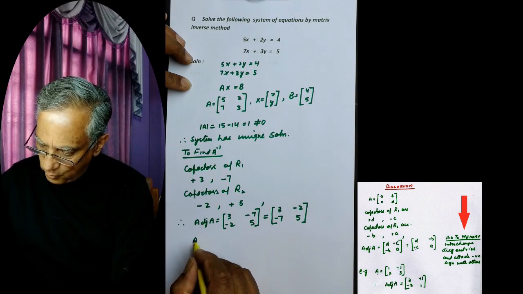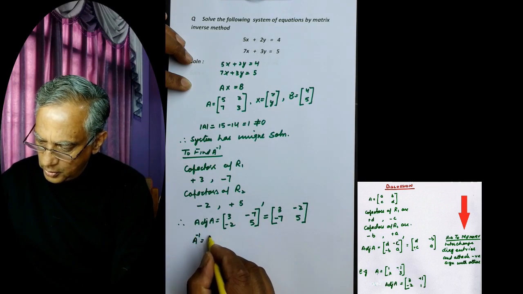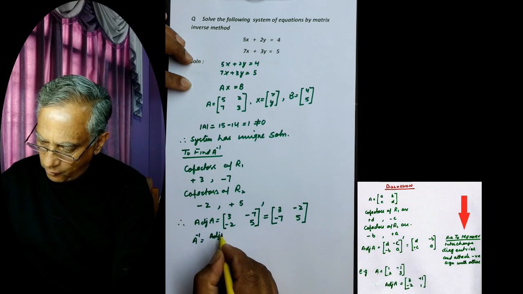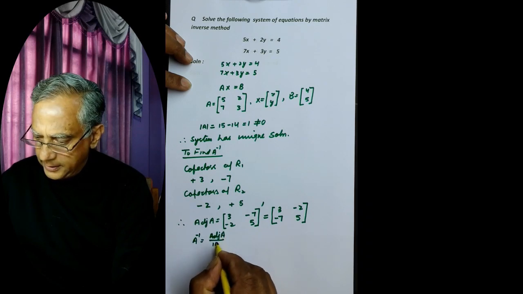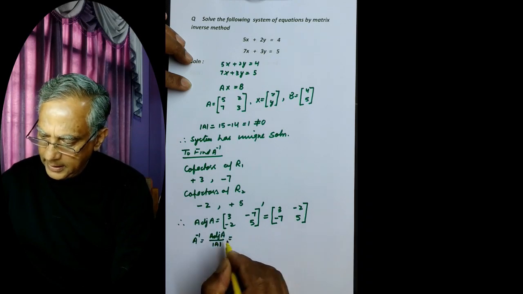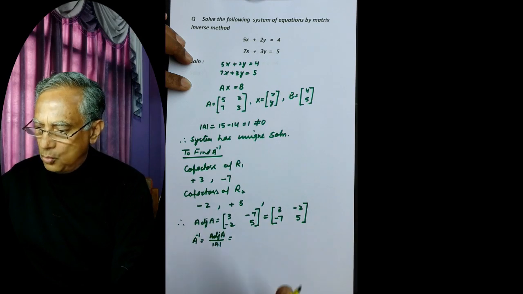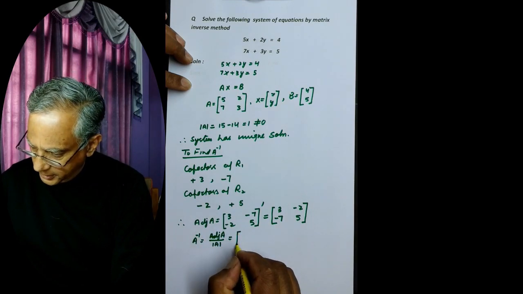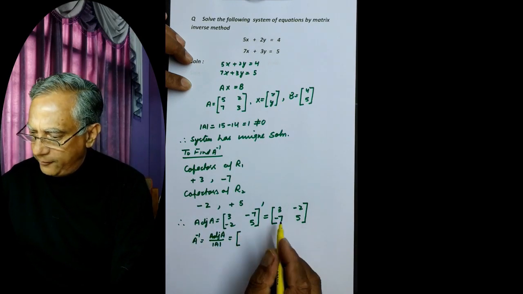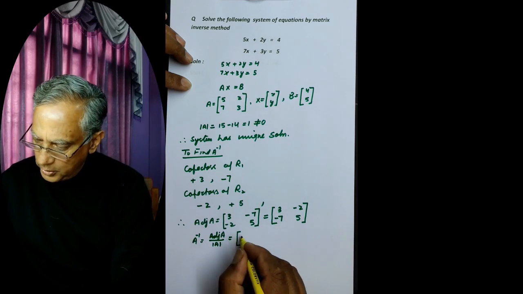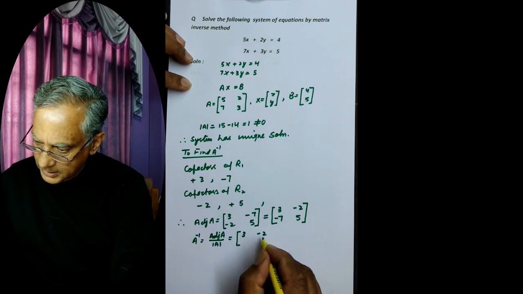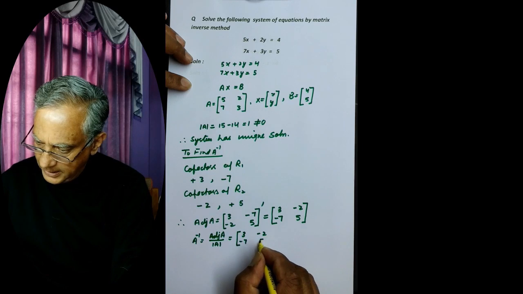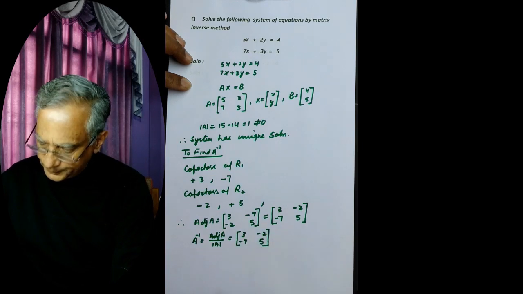So A inverse is equal to adjoint of A over determinant of A. And determinant of A is 1. So adjoint of A over determinant of A will be equal to this much only: 3, minus 2, minus 7 and 5.